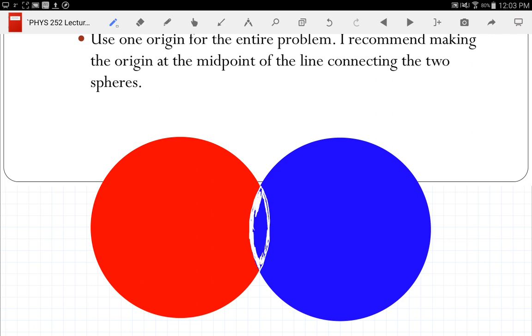And so it's asking us to find what the electric field is in this region. Now let's take some guesses. I'm not going to tell you the answer right now, but let's entertain some guesses. So let's suppose that you put the positive one on the left and the negative one on the right.